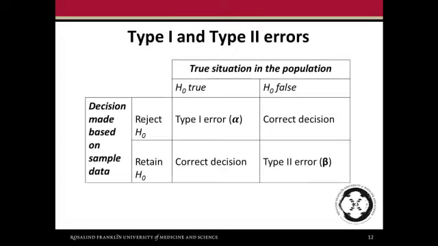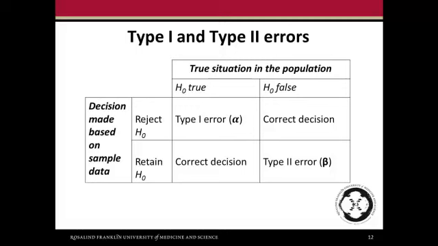So when we look at type 1 and type 2 errors, we have this table that's quite common to see, and it has the true situation in the population and then the decision made on the sample data. And if the null hypothesis is true and we retain it, then we've made the correct decision. If the null hypothesis is false and we've rejected the null hypothesis, then we've also made a correct decision.